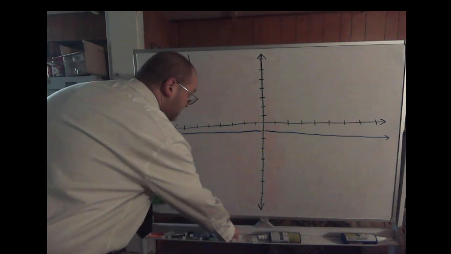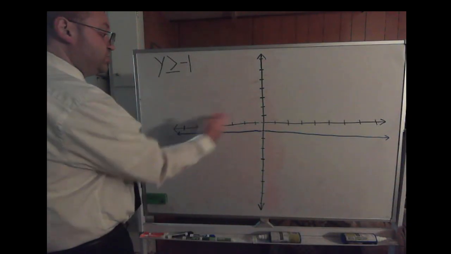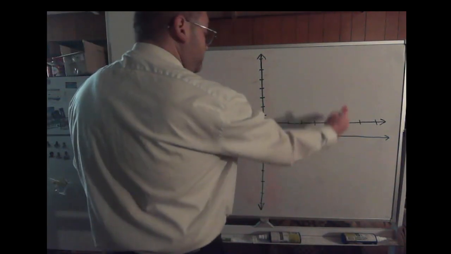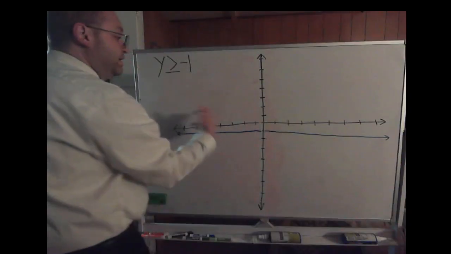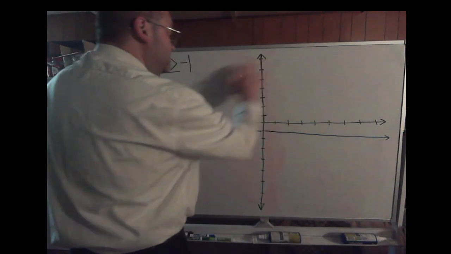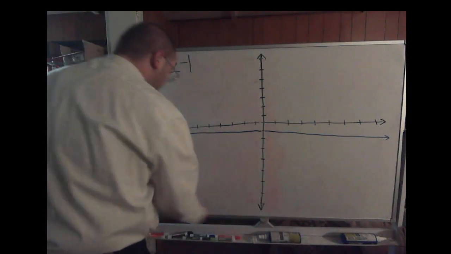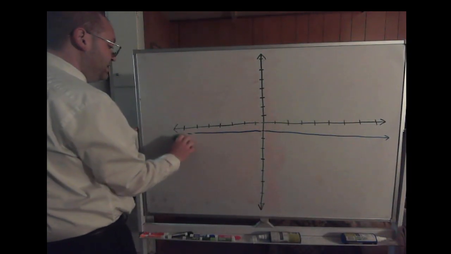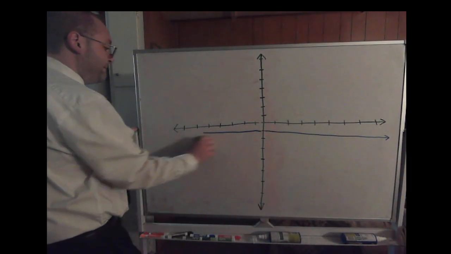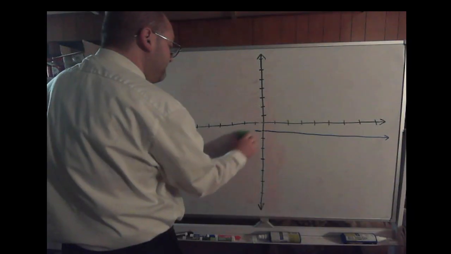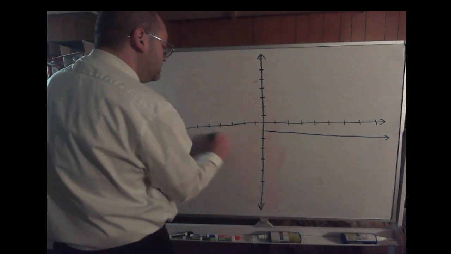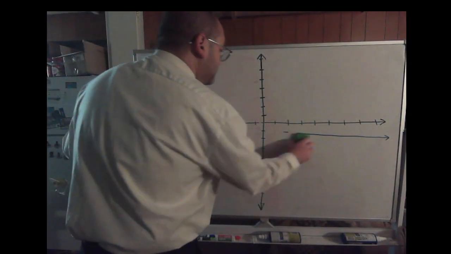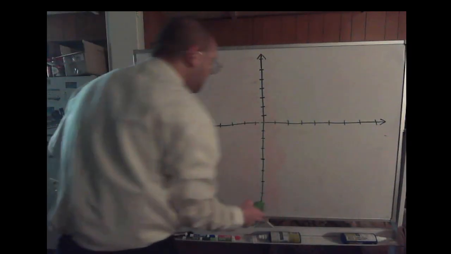And then you're going to shade the entire region above y equals -1. So you'll have all this and all this shaded. Don't think we need to spend a lot of time on that. I think you get the picture with basic ones like that.